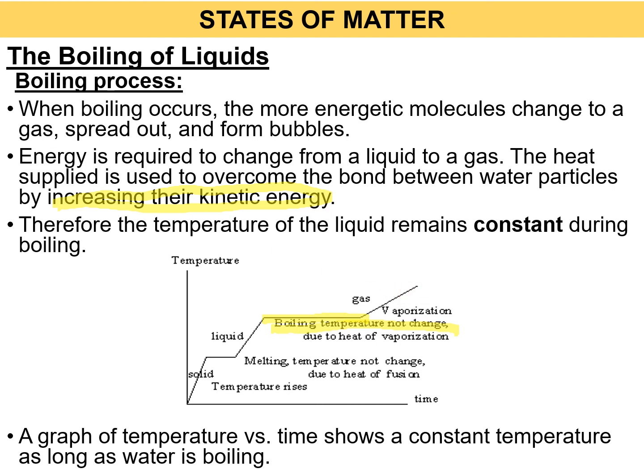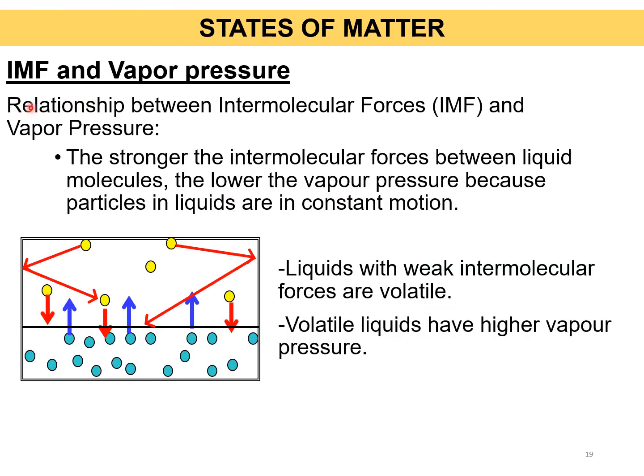Okay, next. What is the relationship between intermolecular forces and vapor pressure? Basically, the stronger the intermolecular forces between the liquid molecules, the lower the vapor pressure, because the particles in liquids are in constant motion. Is the relationship directly or indirectly proportional?